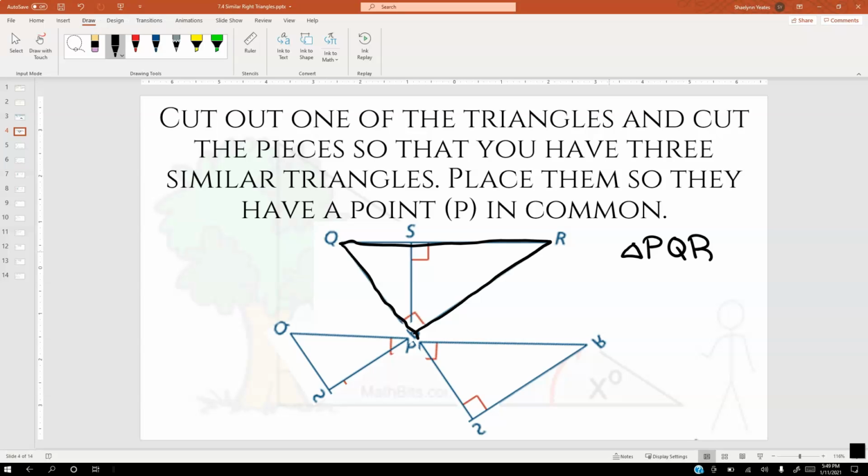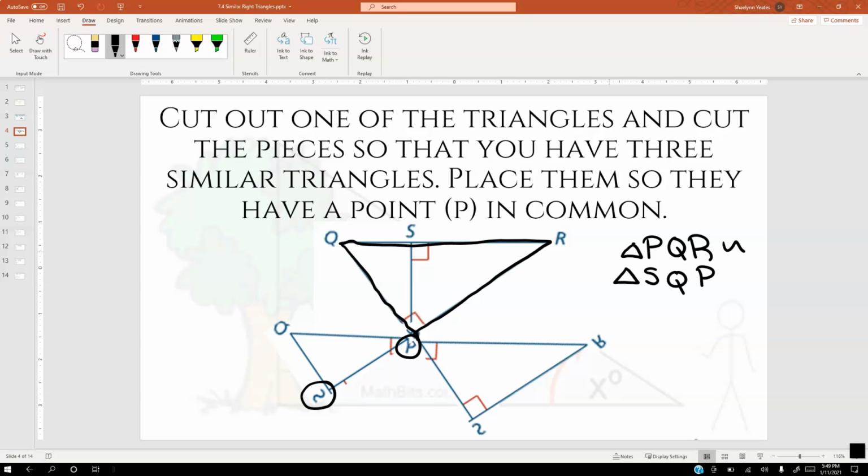You'll notice that Q is in the same spot as Q. So that means that Q for the baby triangle will also be in the middle. S is all of a sudden in the same spot as P used to be. Notice S is in the bottom, P is in the bottom of the middle one. Okay, and then all of a sudden P is in the same spot as R. So the baby triangle is similar to triangle SQP.